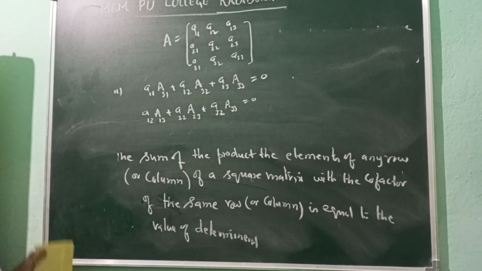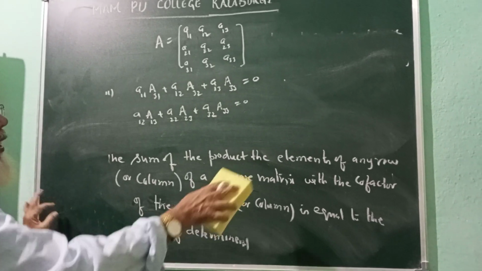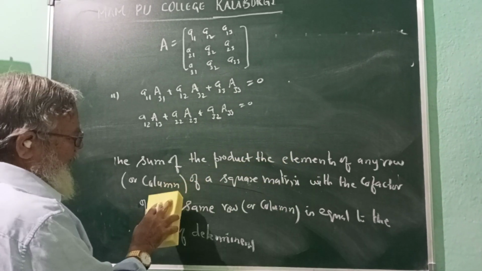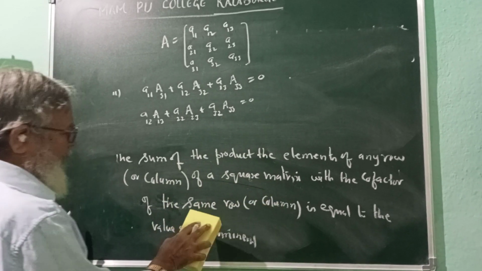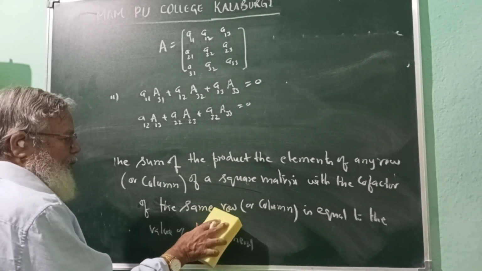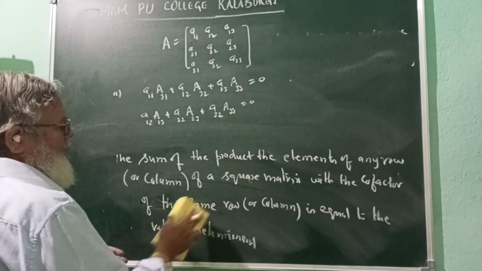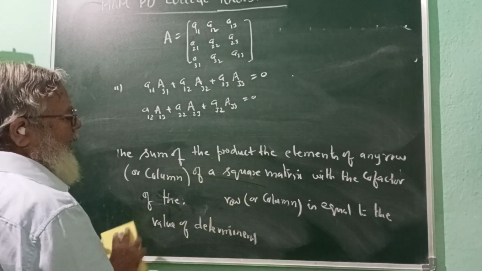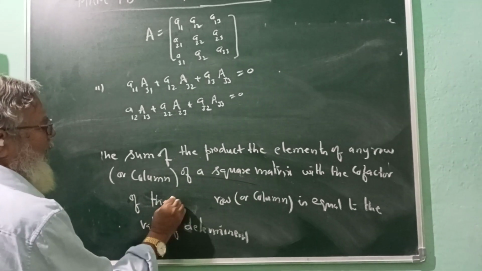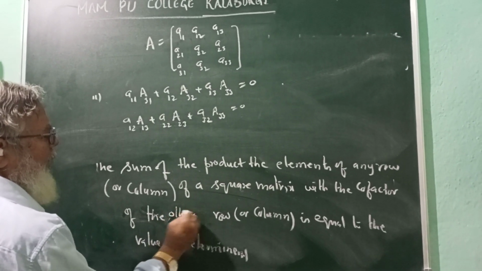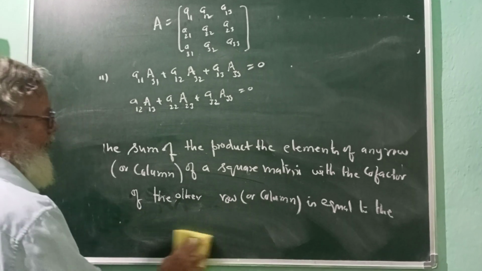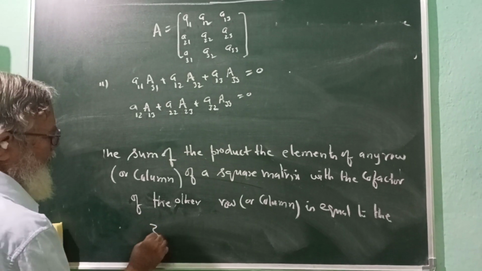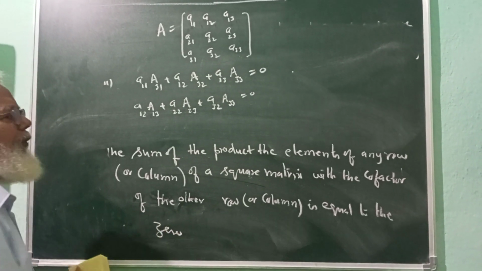So we can write: the sum of the products of elements of any row or column of a square matrix with the cofactors of another row or another column is equal to 0. That is the second very important point.